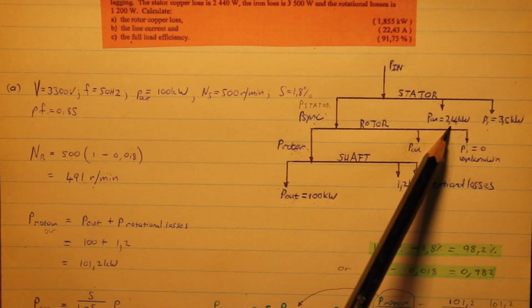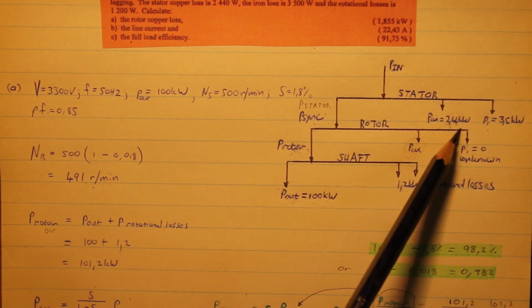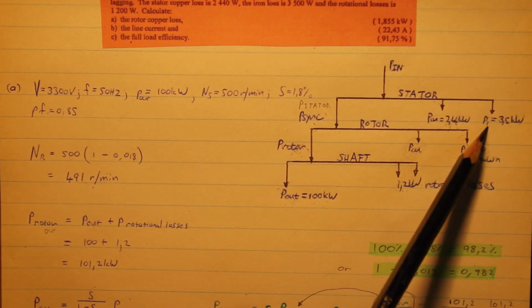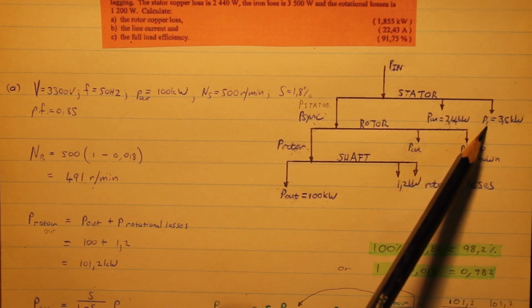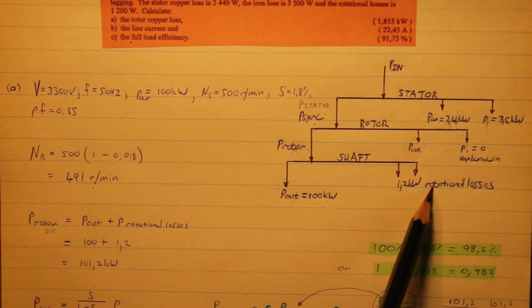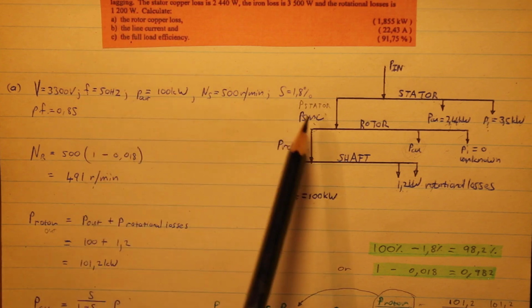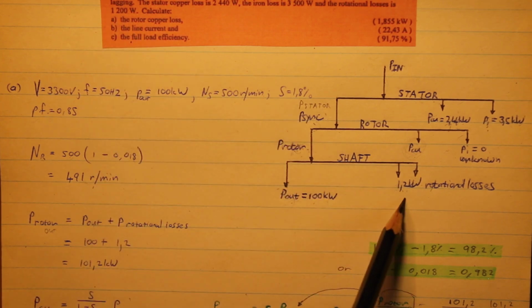The stator copper losses, they said, was 2,440 watts, which is 2.44 kilowatts. The iron loss of the stator is 3,500 watts, which is 3.5 kilowatts. And then they say the rotational losses, remember this is friction and windage, they give it to us as one number. So that's 1,200 watts or 1.2 kilowatts.